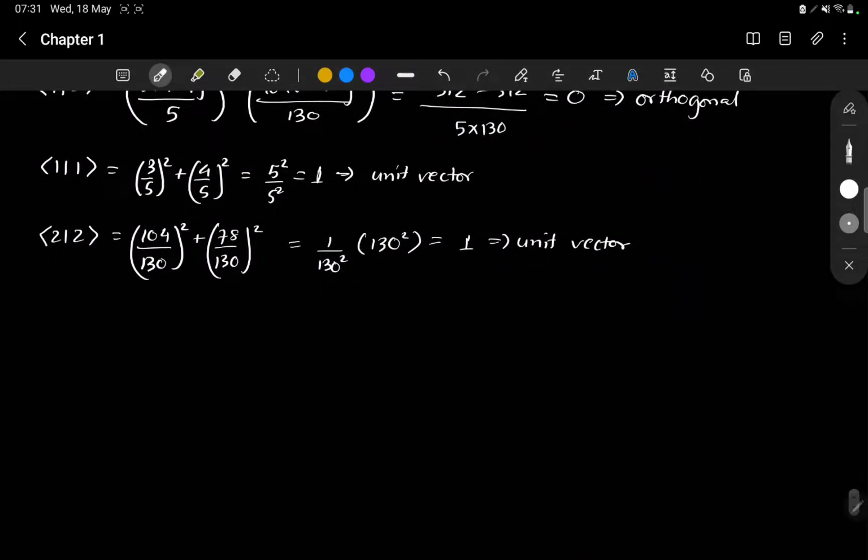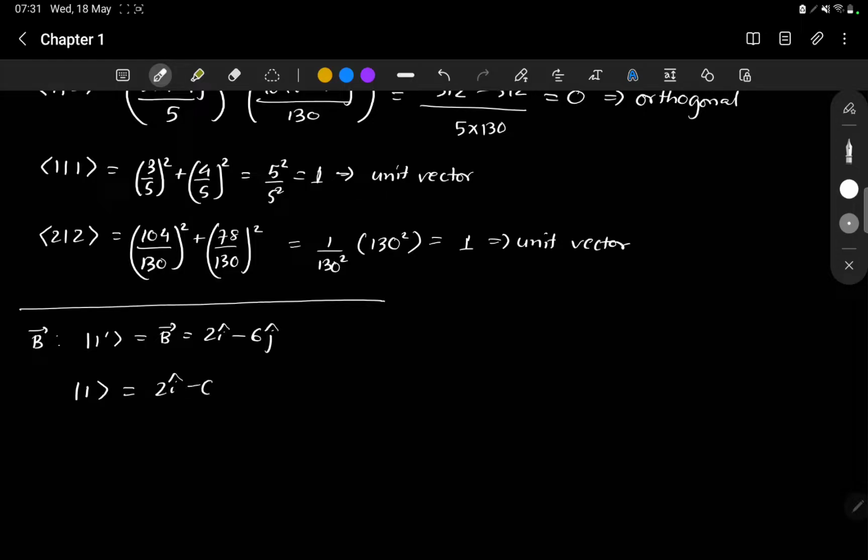So this is the second part. Now if we take B as our first vector, then we need to normalize it, dividing it by the magnitude.